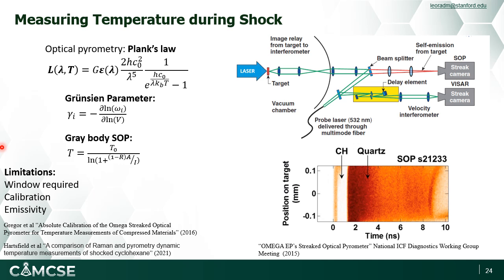There are various approaches that are used to interpret this, things like a gray body approximation or other forms of surface measurements, but ultimately, once we make these types of emissivity calibrations, we can plug this into Planck's law to get the temperature based on the central wavelength of the thermal emissions.